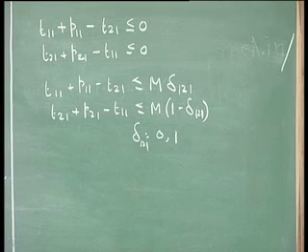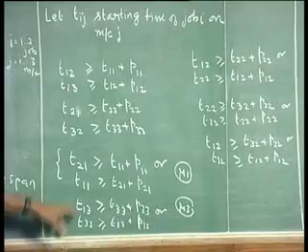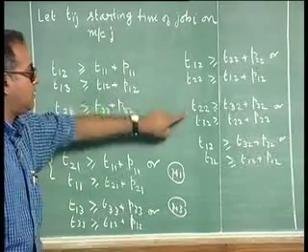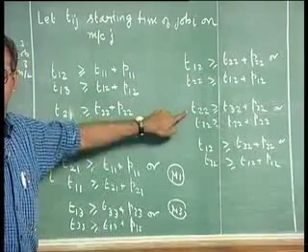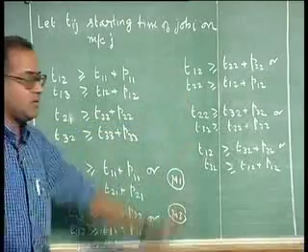Similarly, you can name every one of these deltas. This will become in this case 1 3 3, and this will have the 1 2 2, 2 3 2, 1 3 2. For every pair you will have a delta.